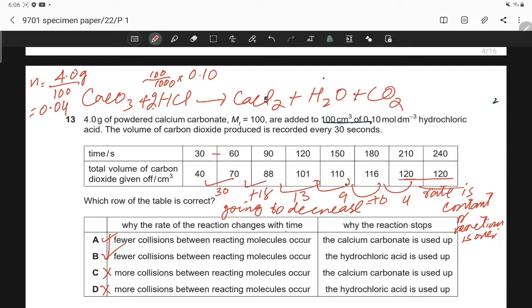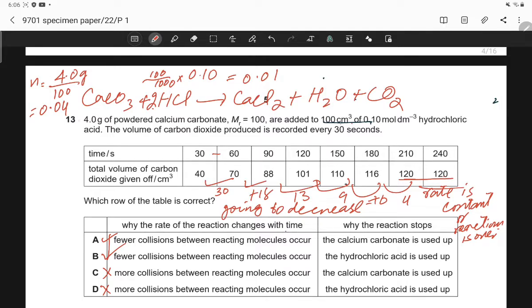Now 100 divided by 1000 is 0.1, and the mole of hydrochloric acid is 0.01.